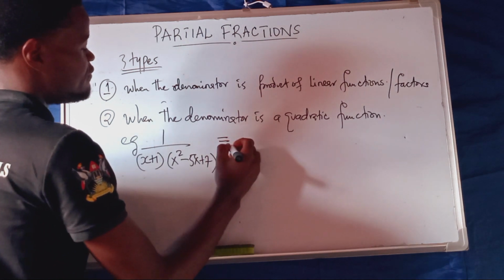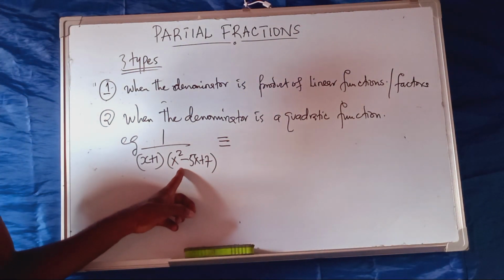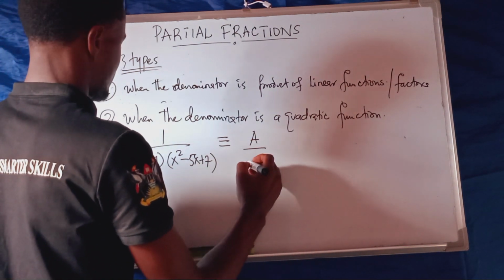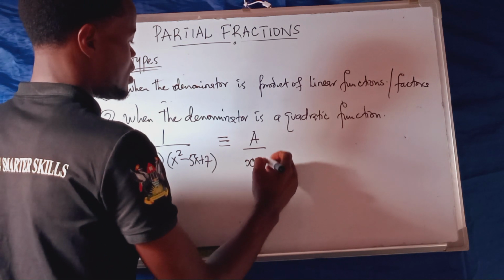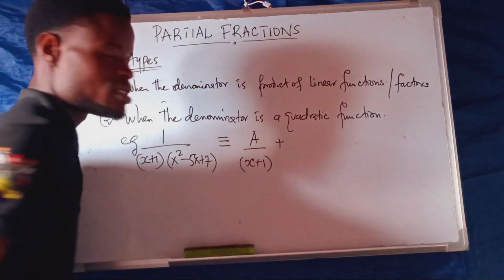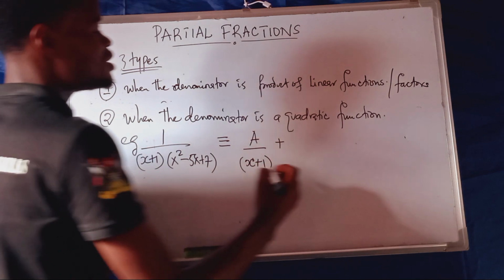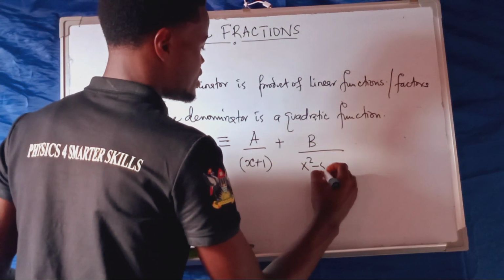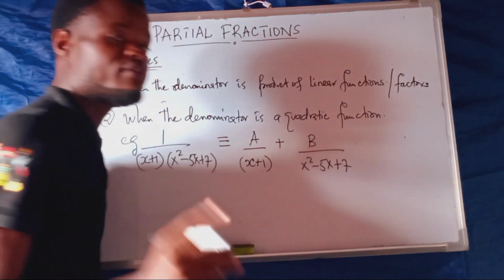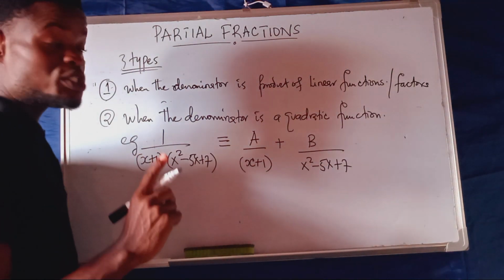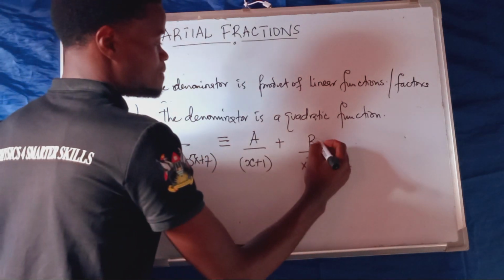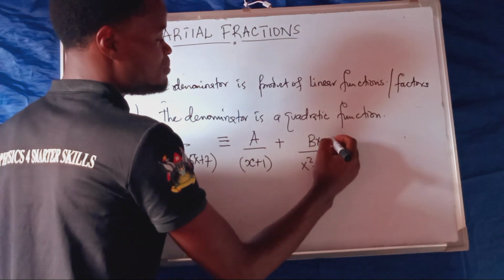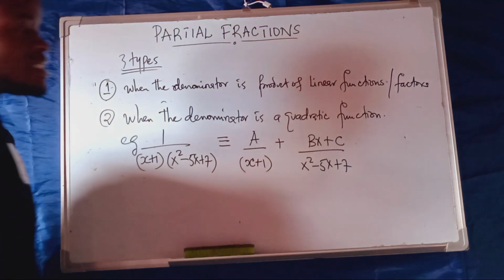This reduces to A over x plus 1, then plus, this time around, we shall not say it is B over x squared minus 5x plus 7. That is not right. If it is a quadratic function, we always add Bx plus C.